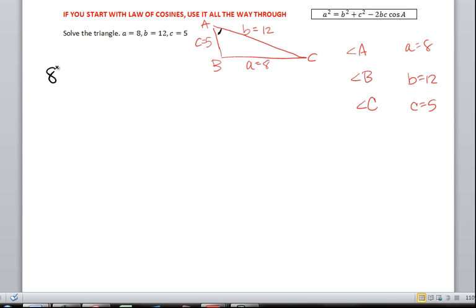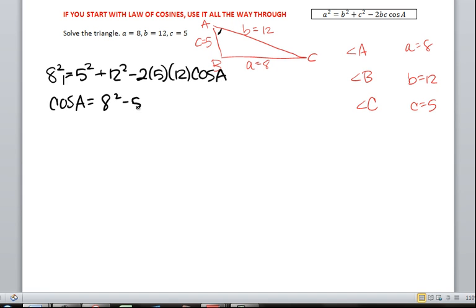So I have that 8 squared is equal to 5 squared plus 12 squared minus 2 times 5 times 12 times cosine of A. So now I can solve for cosine of A. And cosine of A is 8 squared minus 5 squared minus 12 squared all over negative 2 times 5 times 12.